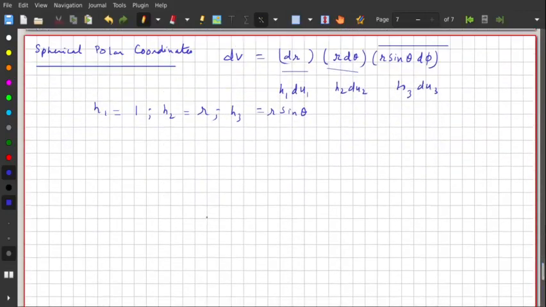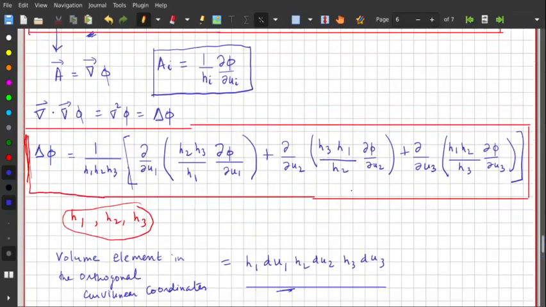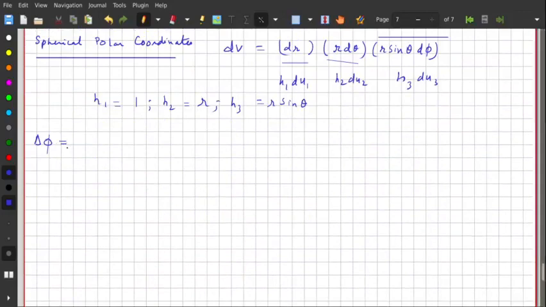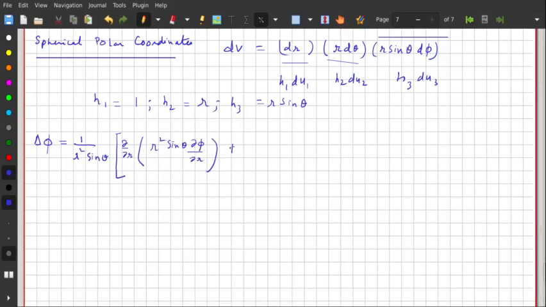Okay, and if we use these h1, h2, h3, we just substitute them in this equation, and out pops the Laplacian of a scalar field in spherical polar coordinates. So this will become 1 over r² sinθ ∂/∂r of r² sinθ ∂Φ/∂r, plus ∂/∂θ of sinθ ∂Φ/∂θ, plus ∂/∂φ of 1 over sinθ ∂Φ/∂φ.